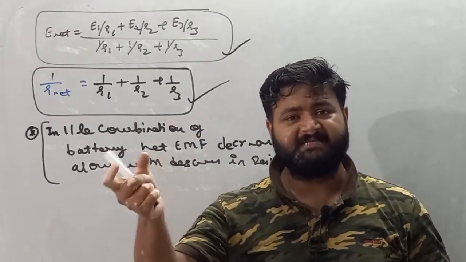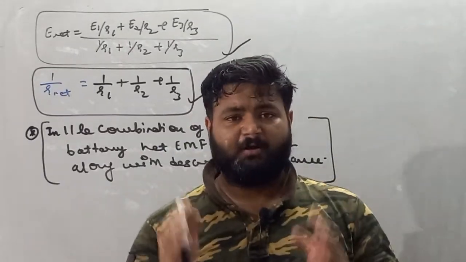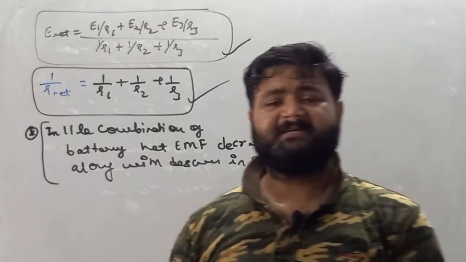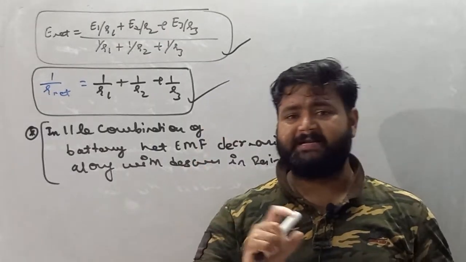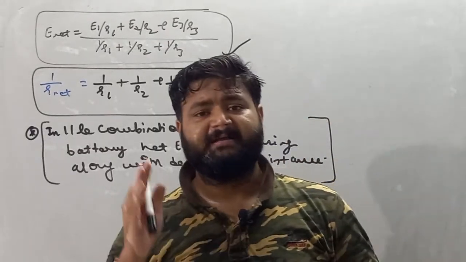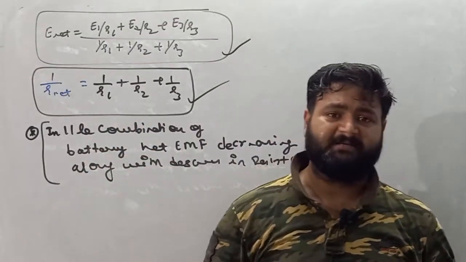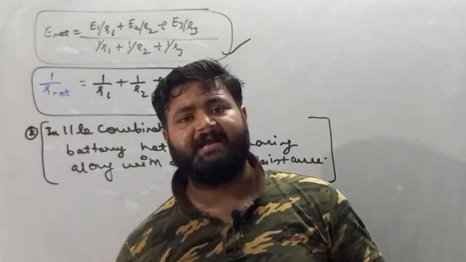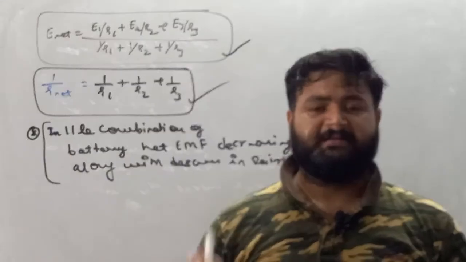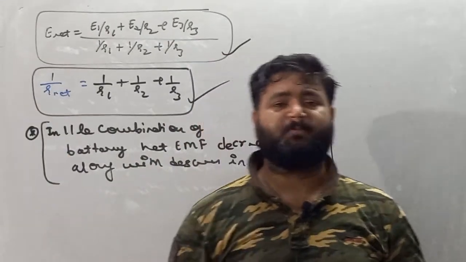Mixed means series as well as parallel, always in mixed combination. Put a bracket and write inside the bracket, that is series combination and parallel combination. Now bracket close, write down the next point.